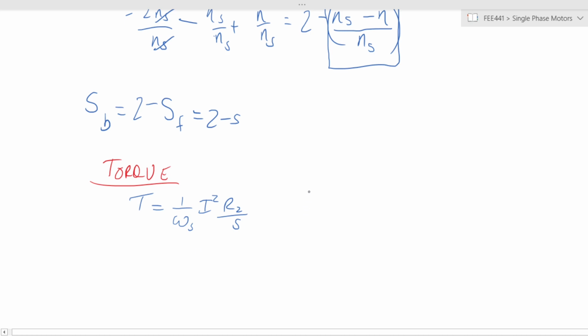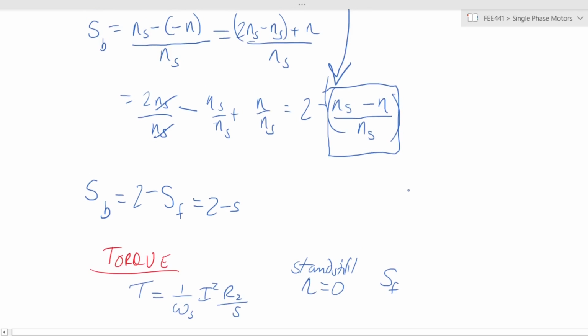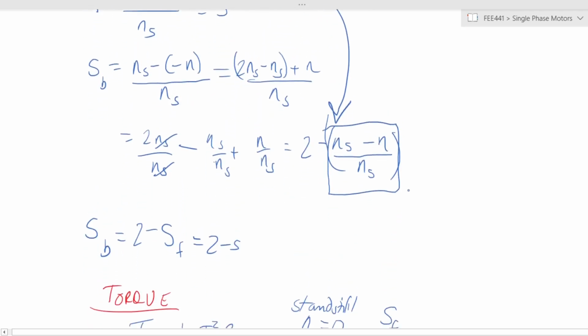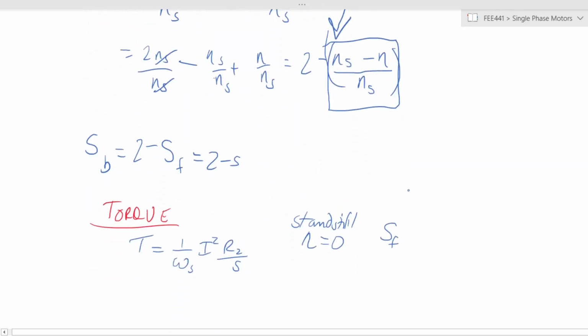Now, if we take when speed equals 0 at standstill, for example when the motor is stationary or has not yet been started, n is equal to 0. What does that mean? It means that SF in the forward direction is equal to (ns minus 0) over ns, which is equal to 1, right?